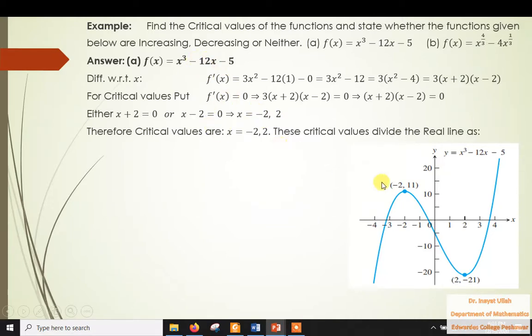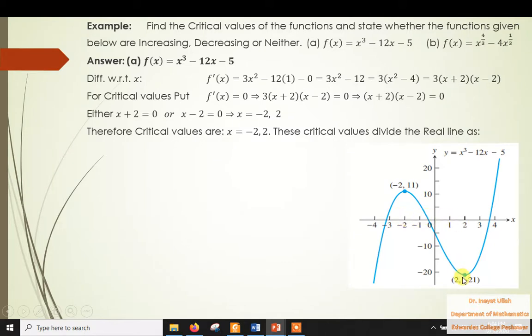This is clear from this graph, which is the graph of this function. If you look at minus 2, whenever x equals minus 2, we get this point, and whenever you draw a tangent line at this point, that tangent line is parallel to the x-axis. So this is the critical point.